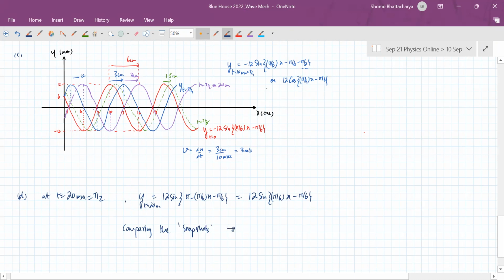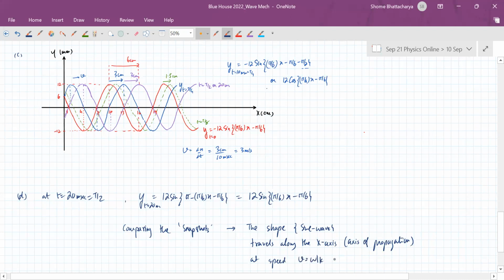we can see that the shape, which is a sine wave, travels along the x-axis. So that is the axis of propagation, at a speed v is equal to omega by k here, which is 3 meters per second.